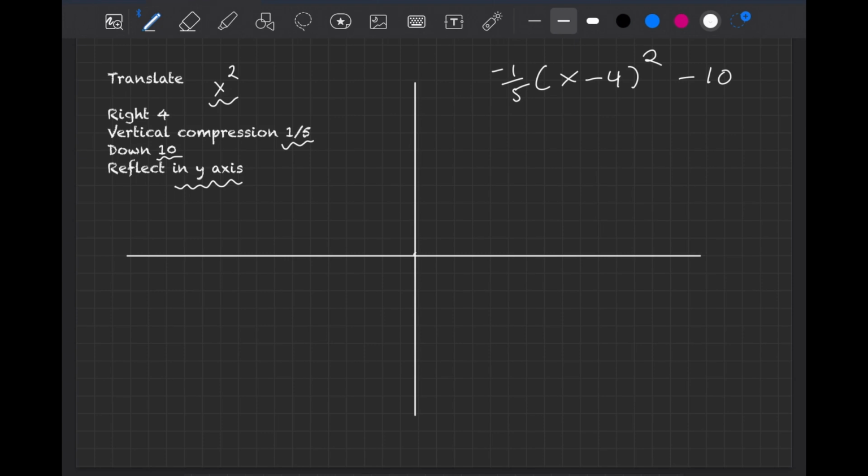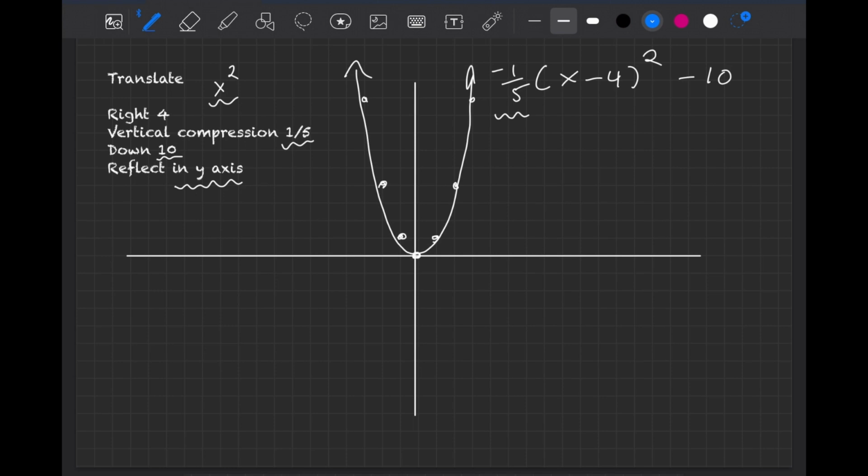If we take our original graph, I always like drawing the original and then doing the transformations. It usually is a little bit easier. And then 1, 2, 3, 4, 5, something like that. So let's do the negative 1/2 part first. I'm going to do it in the blue.